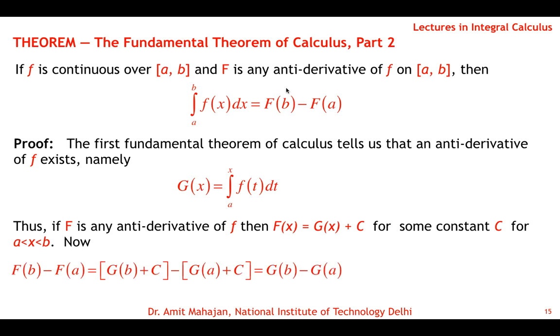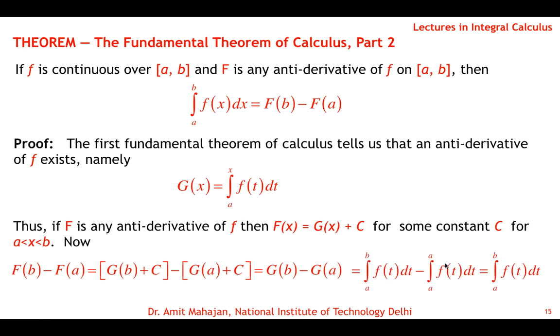Now if we calculate the right hand side, F(b) minus F(a), F(b) will be G(b) plus C, and F(a) will be G(a) plus C. So if we solve this it will be G(b) minus G(a). G(b) is the integral from a to b of f(t) dt, and G(a) is the integral from a to a of f(t) dt.